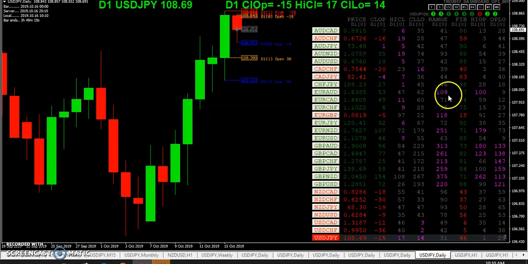The range, look at these ranges: 1, 2, 3, 4, 5, 6, 7, 8, 9 over 100, but we've got 1, 2, 3, 4, 5, 6, 7 over 200, and 2 over 300. That's some movement on those pairs, most of them being the pound pairs.